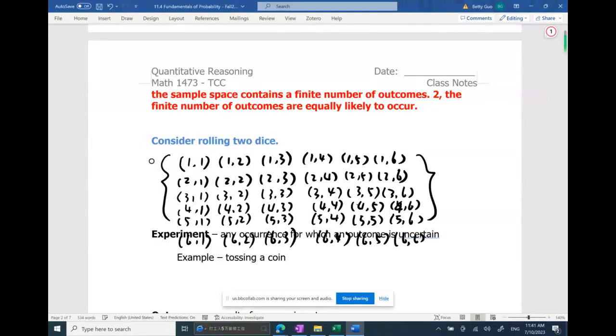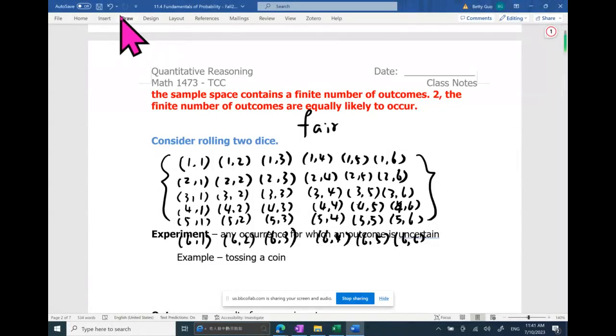That's the sample space of the experiment of rolling two dice, right? How many outcomes? 36, a finite number. And all those 36 outcomes are equally likely to occur. They have the same chance to occur. Suppose the two dice are fair dice.